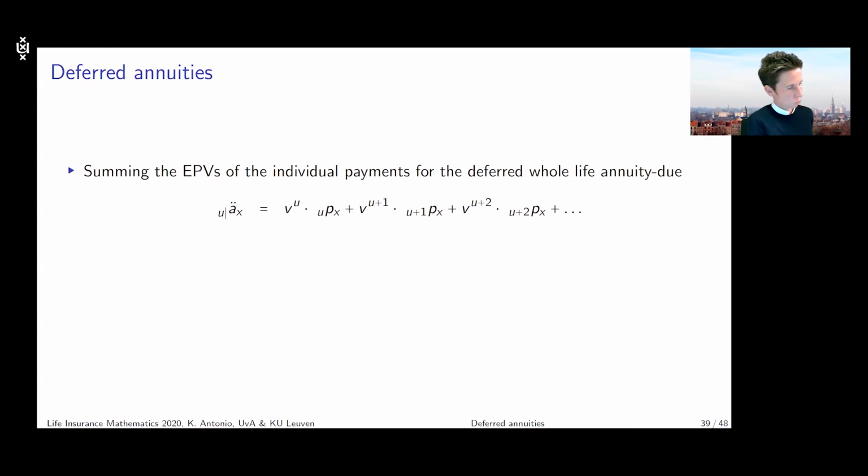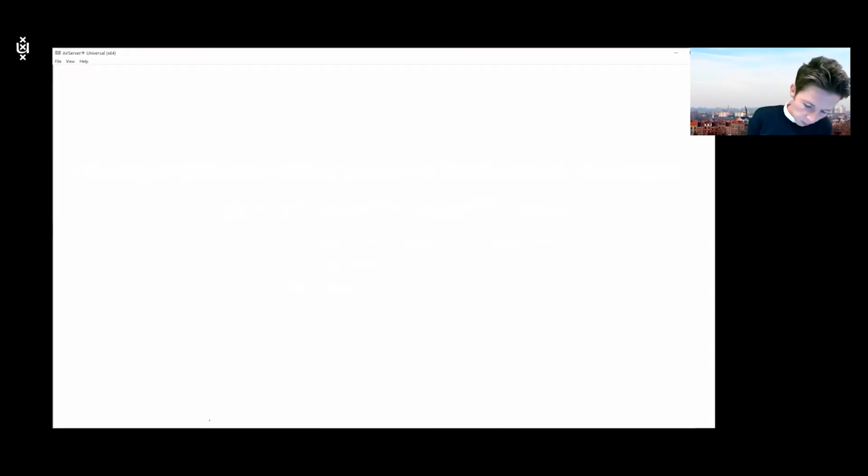So perhaps let's do this together. I want to think about the whole life annuity issued to an X-year-old deferred over U years. Okay, so what I'm going to say is the first payment of €1 will be paid at time U if my policyholder is alive at that time, right?